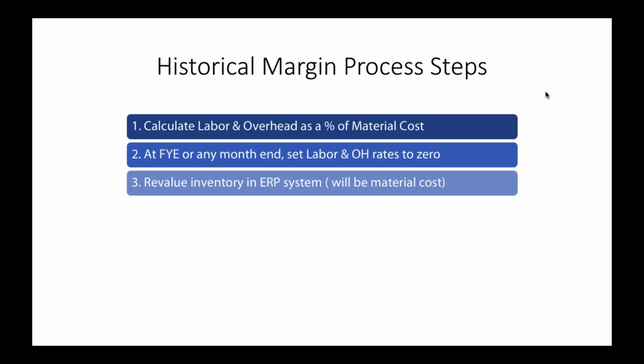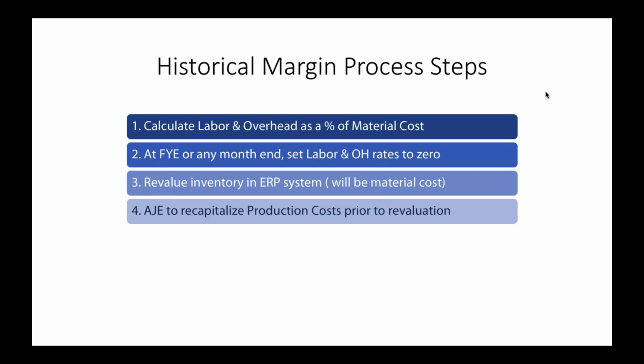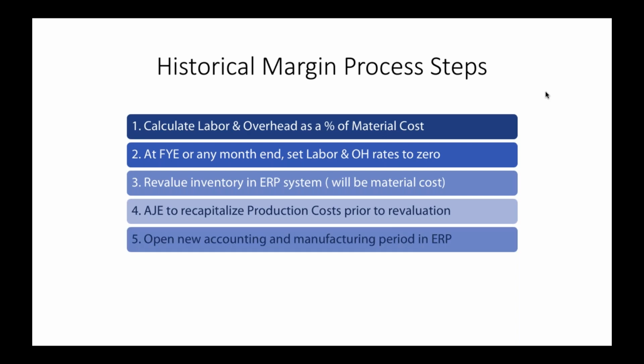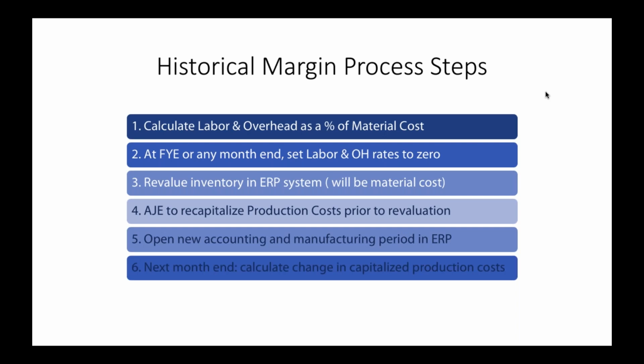We revalue inventory in the ERP system so that it just shows up to be material cost. We do a journal entry to capitalize the production costs that were in there under the standard costing system. We open a new accounting period and we manufacture. And then at the next month end, we calculate the change in the capitalized production costs. So I'll show you an example here of how this works.